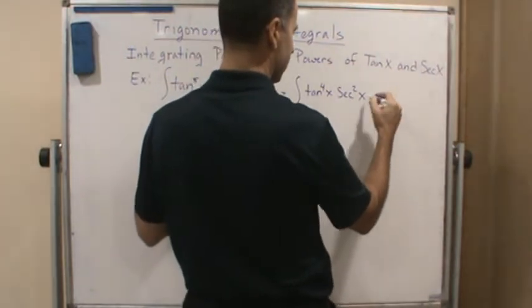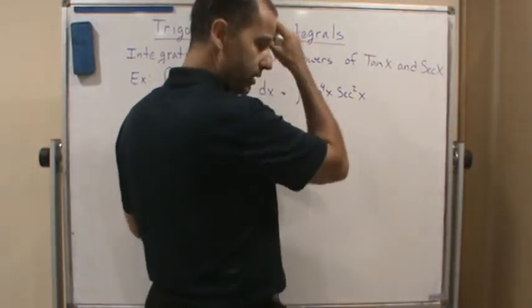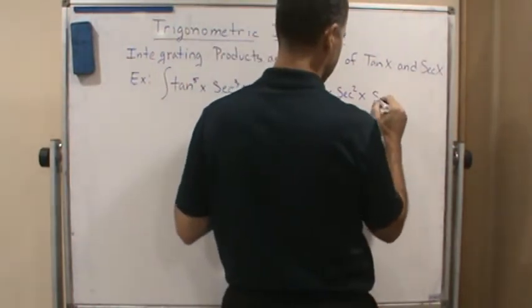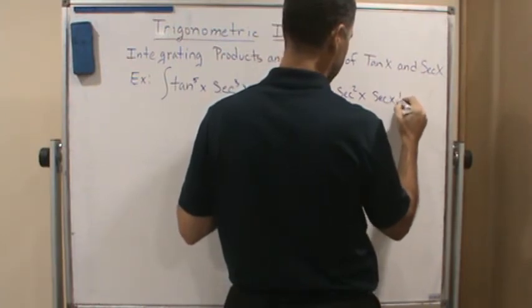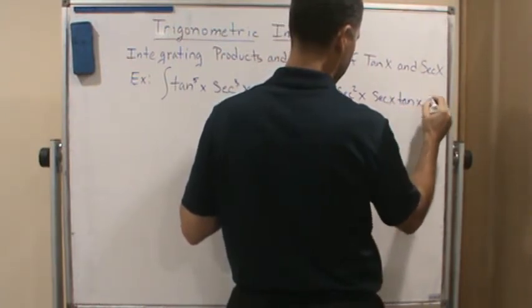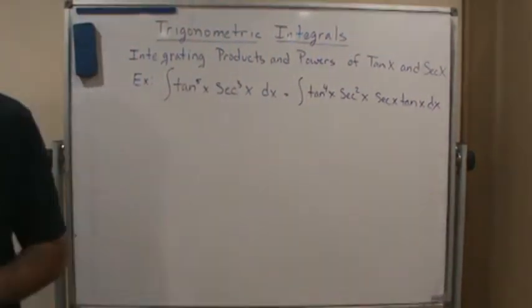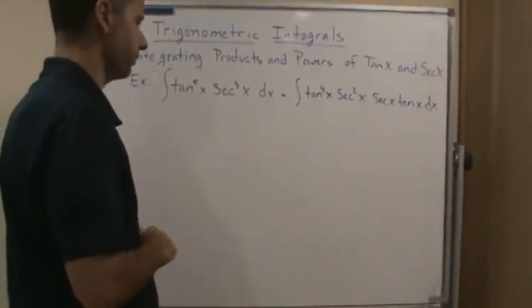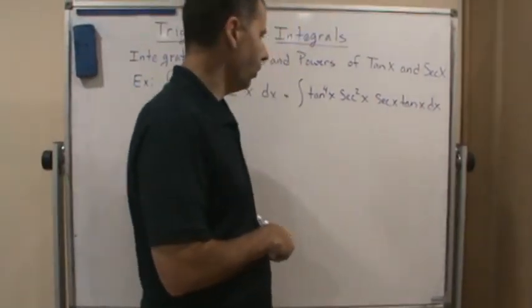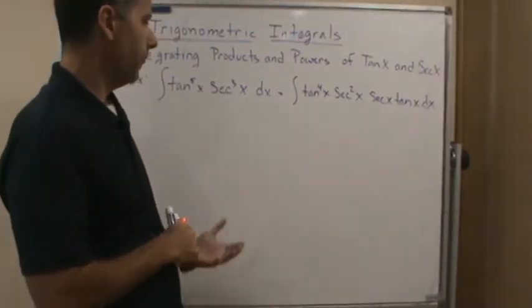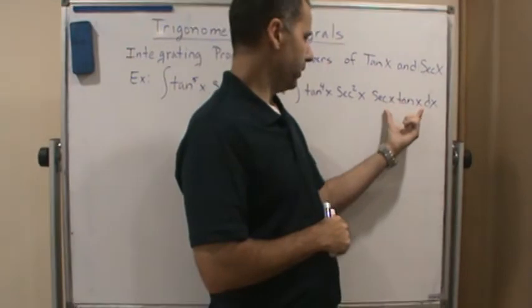Now we're going to do secant tangent. Okay, so we're going to rewrite it like that. Why? Because we know that this is going to be our du, right?